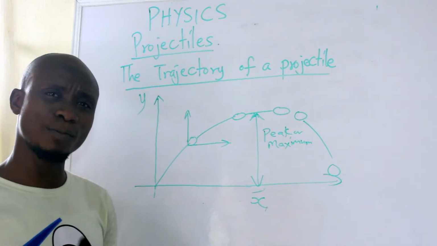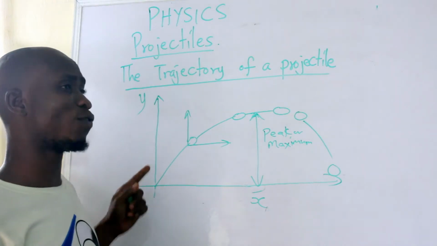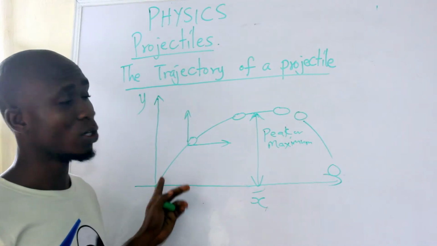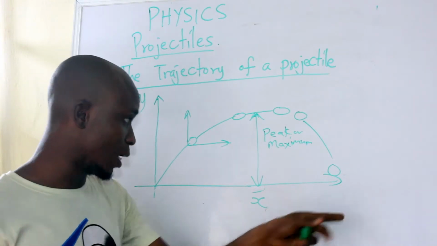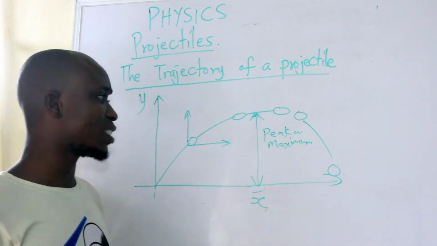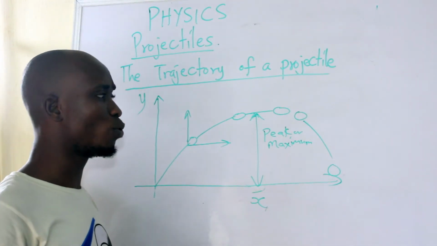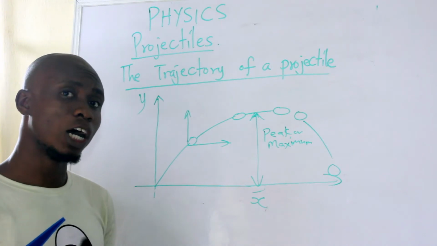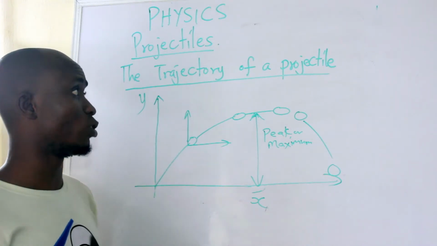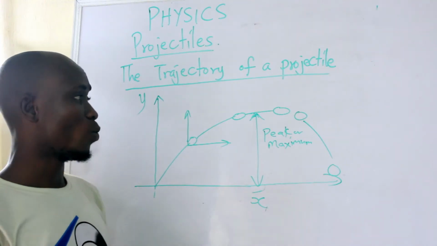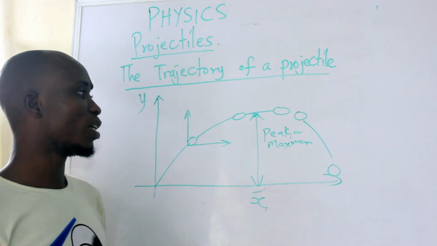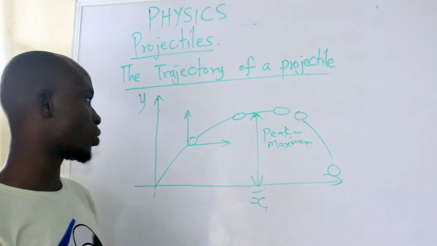We also have time of flight, which is the time taken from the point of projection to the point where the object hits the projection plane. So in this video we are going to prove that the path followed by a projectile is actually a parabola, and we're going to have some defining equations.